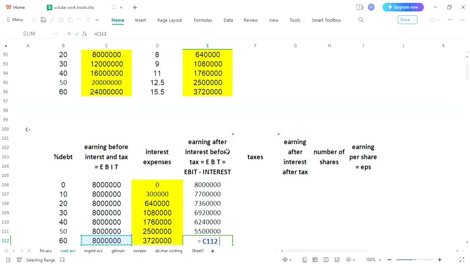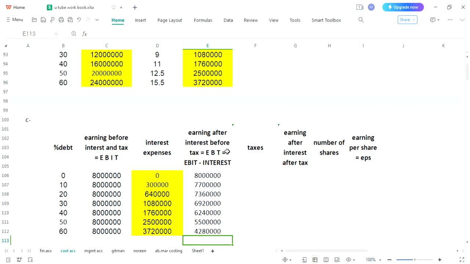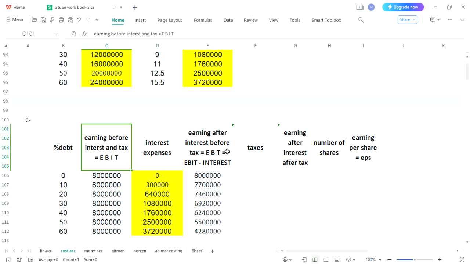Similarly, for the last portion, 8 million was the total amount before interest, and then you will subtract your amount of interest to get earning after interest. So please note it down. This is earning after interest, calculated by subtracting interest from the previous earning. So we have subtracted all amounts of interest from all amounts of earning and got the earning after interest amounts.